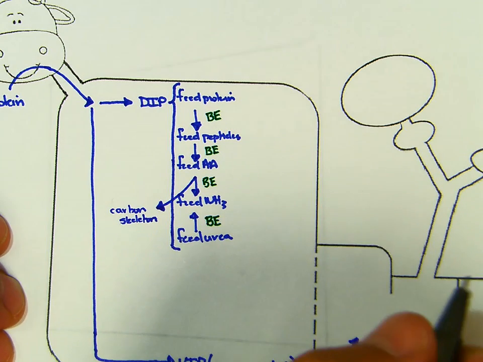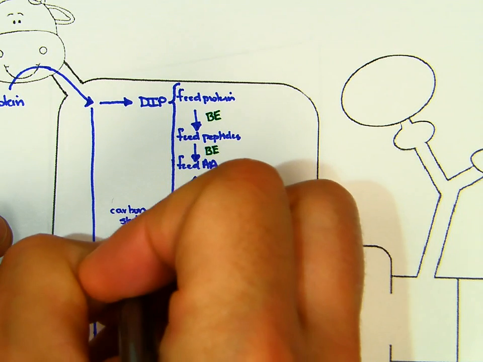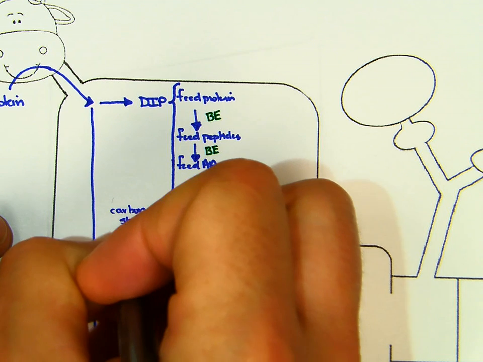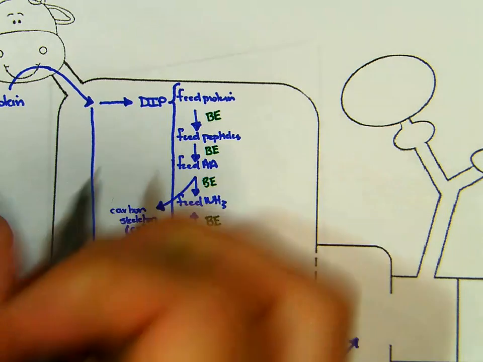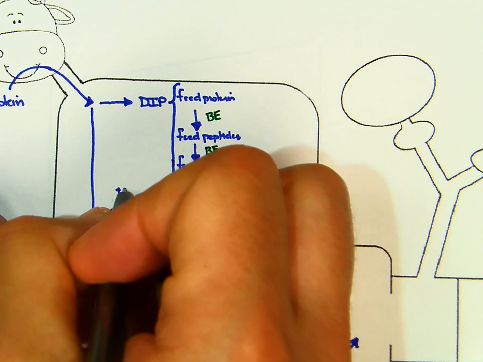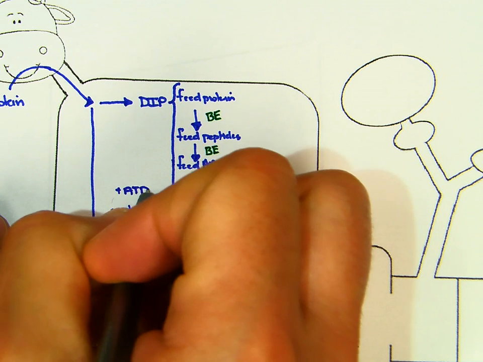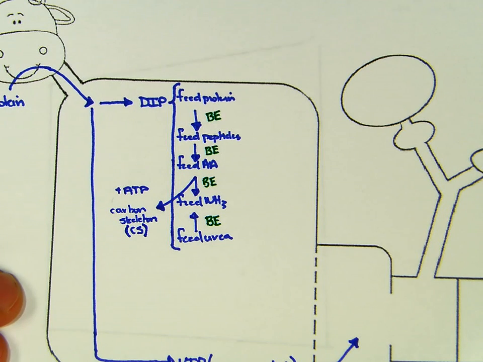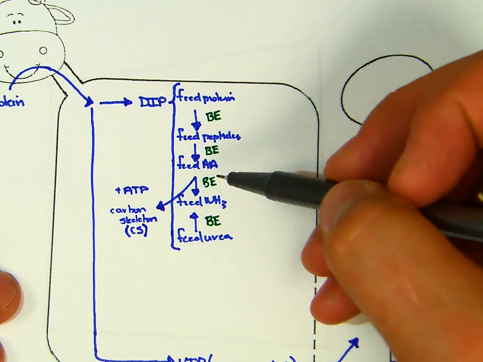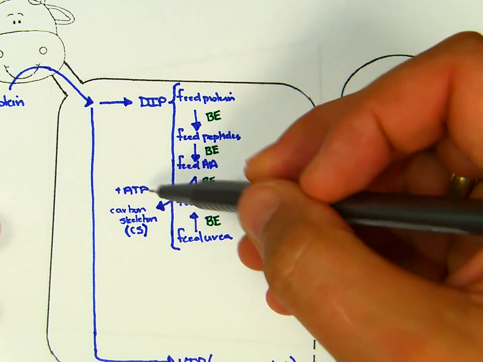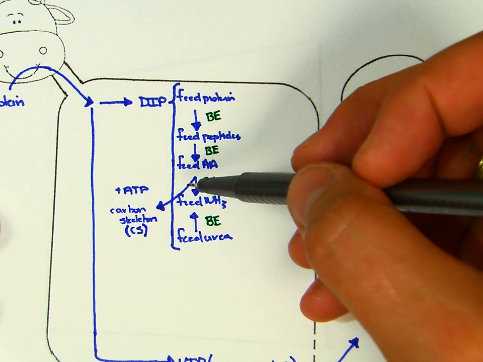And generally we've been abbreviating carbon skeleton CS. And then the microbes are also going to derive or get some ATP from this process. So we're getting a carbon skeleton, and we're also getting ATP for the microbes.